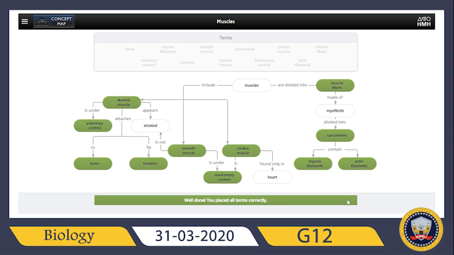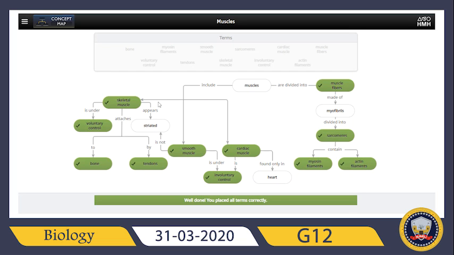So let's check. Well, it's correct because muscles are divided into muscle fibers that made of myofibrils, divided into sarcomeres, contain myosin filaments, actin filaments. Muscles include smooth muscles, which is not striated. It's correct.